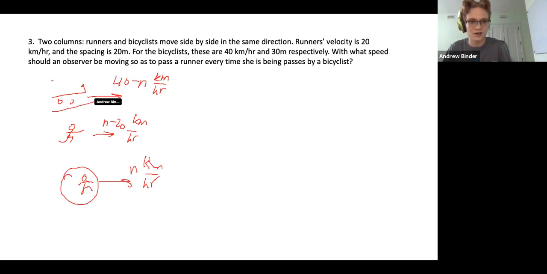So this guy covers 30 meters between the next one at this speed in the same time that this guy covers 20 meters at this speed.